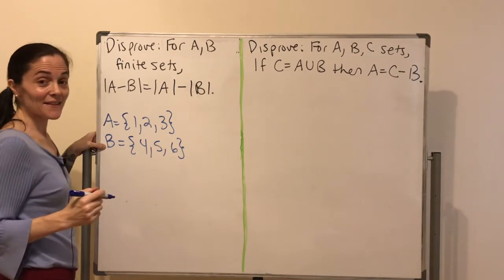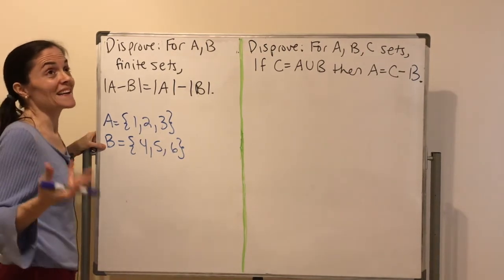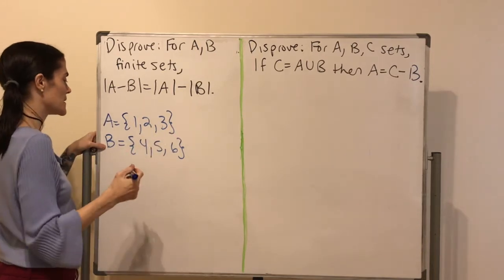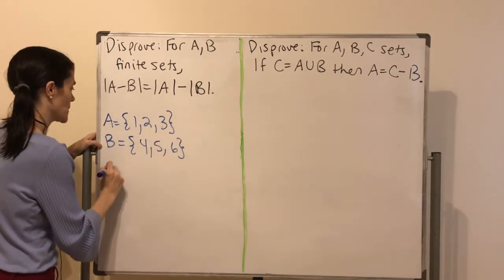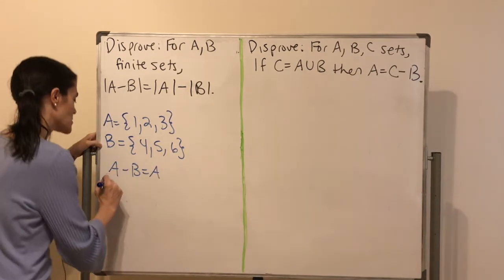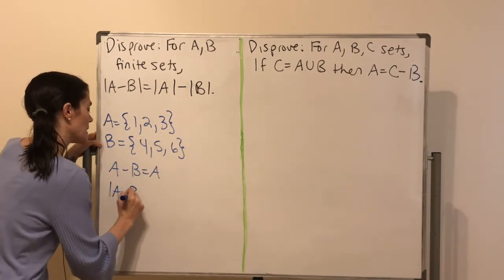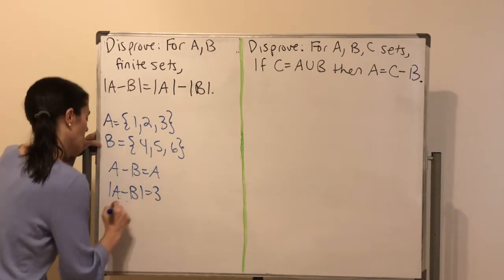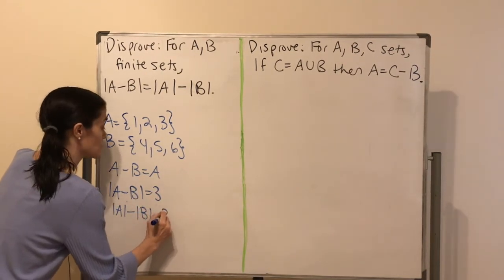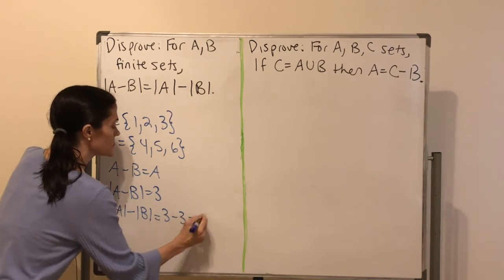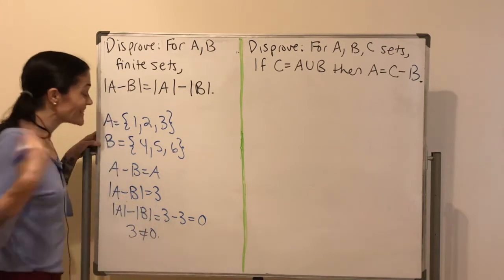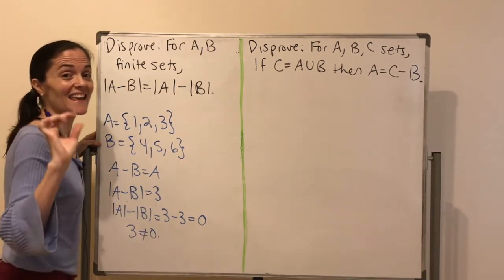I could create other examples, but we only need one here in order to disprove this statement. Then A minus B is A. So the cardinality of A minus B is 3, and the other side of the equation is 3 minus 3, which is 0. 3 is definitely not equal to 0, and so we have a counterexample.